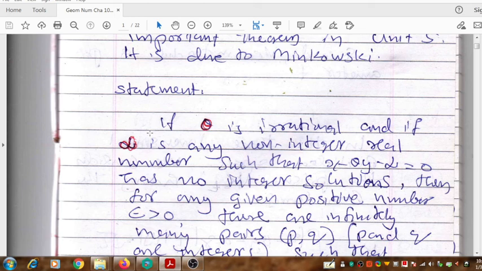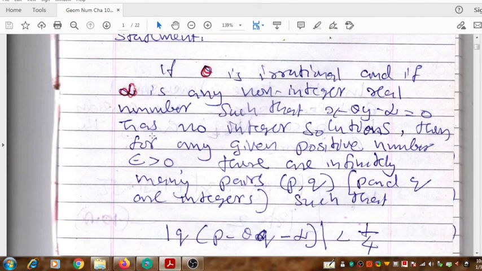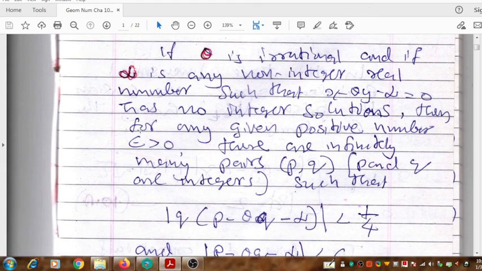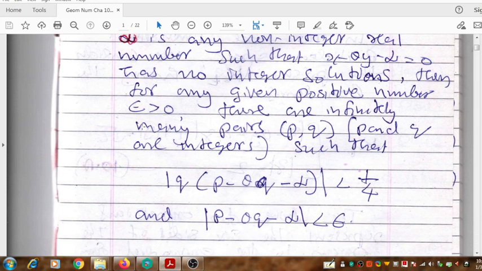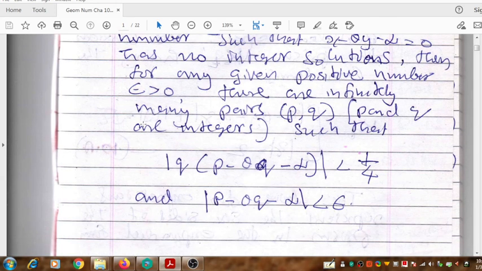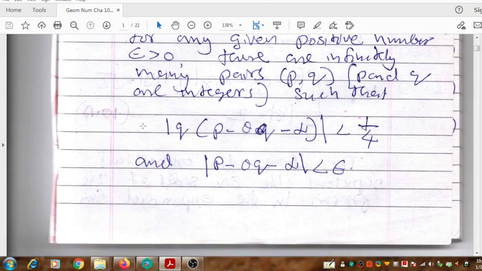Then for any given positive number epsilon greater than 0, there are infinitely many pairs p and q, where p and q are integers, such that modulus of q into p minus theta q minus alpha is less than 1 by 4, and modulus of p minus theta q minus alpha is less than epsilon.